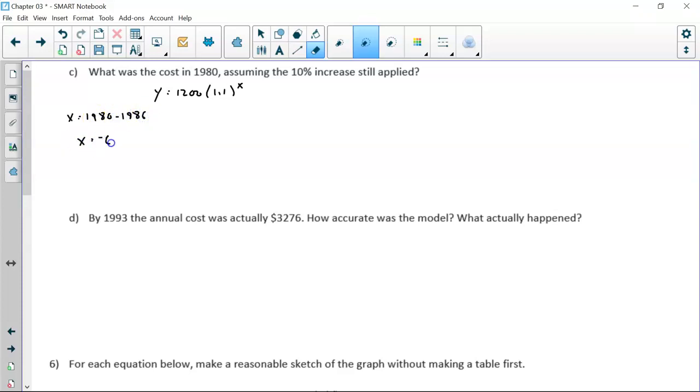So x would be negative 6. We're going backwards. 1,200 times 1.1 to the negative 6 would be about $677.37. So about $677.37, 6 years prior to that first one.